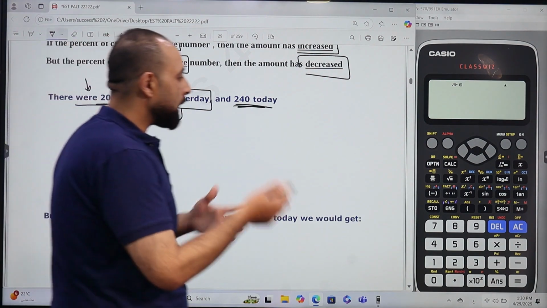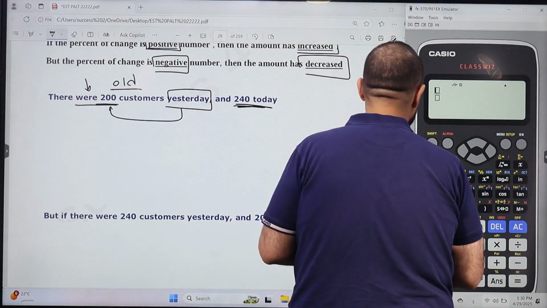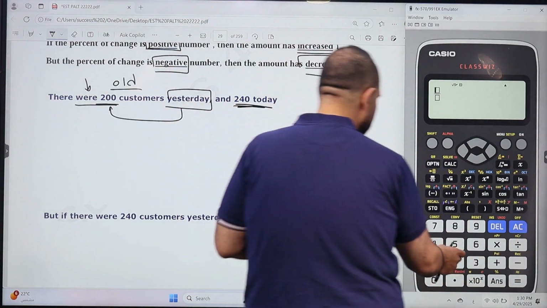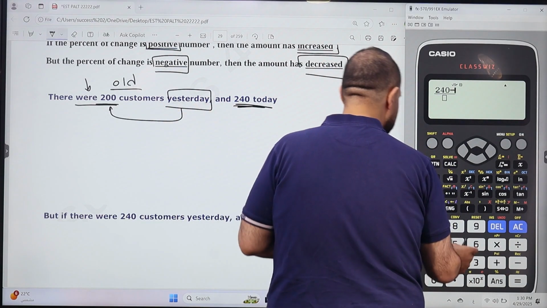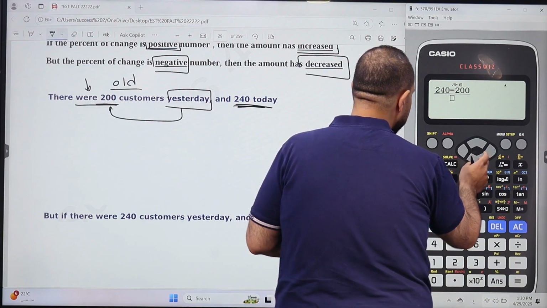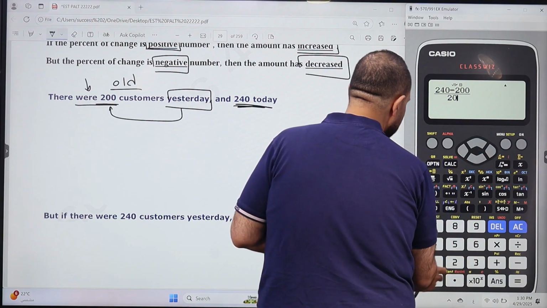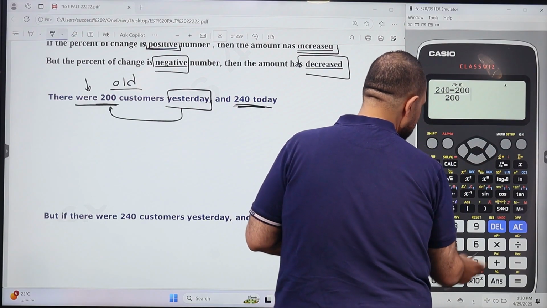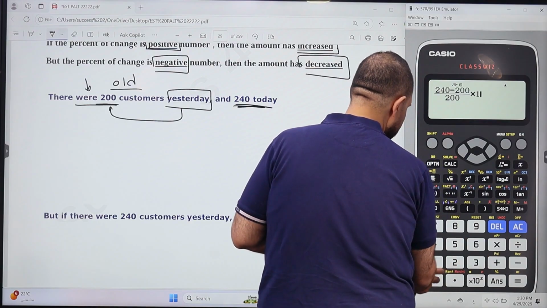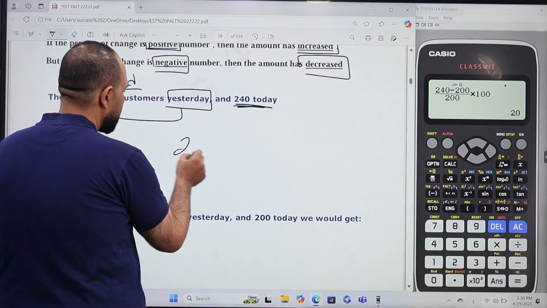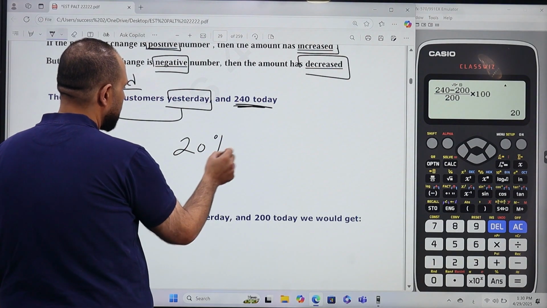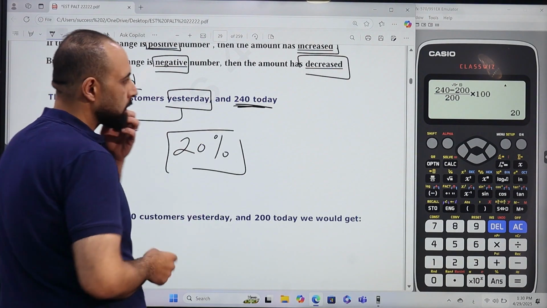We calculate directly: the new 240 minus the old 200, divided by the old, times 100. So the answer comes out 20%. Done?